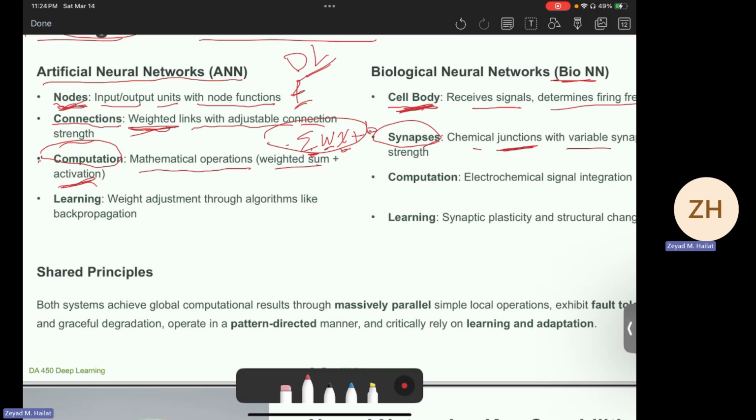Learning: weight adjustment through an algorithm like backpropagation. Now, these weights that we are learning in here, how do I optimize them? How do I find the best value for each one? They are being optimized using a learning mechanism, and the learning mechanism that we have is sometimes called backpropagation in neural networks.